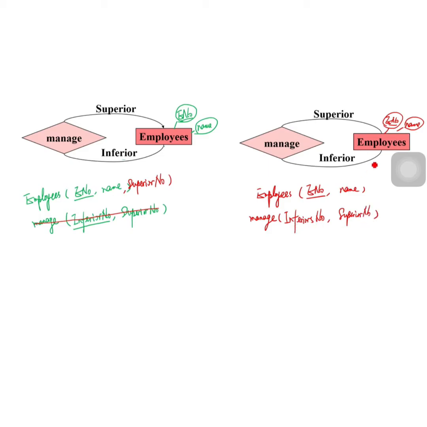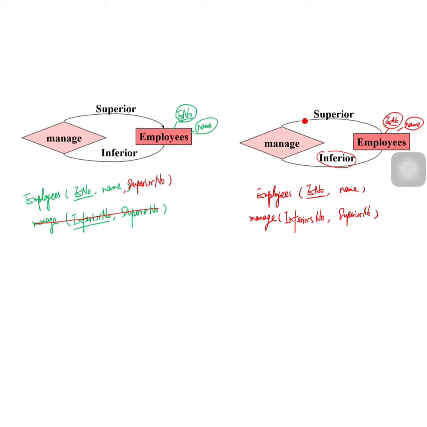Inferior number is the employee number, the primary key for this edge, and we'll rename it based on the rules. And this superior number is the primary key of the employees.